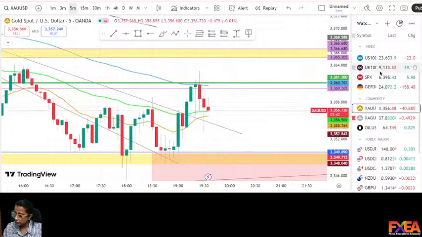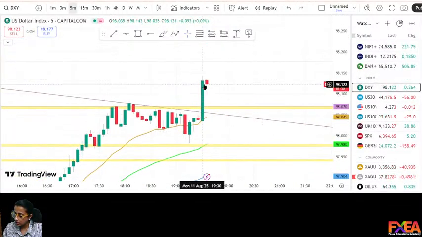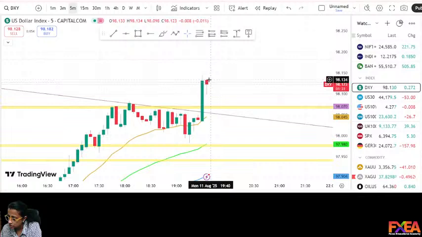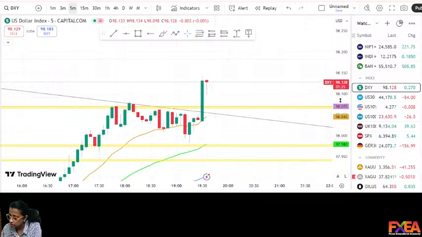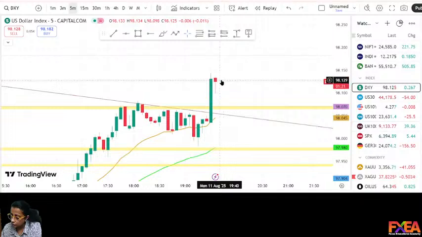Let me see what is happening with DXY. See, DXY has gone up and it is showing only bullishness with a slight pullback in the lower time frame, and it is again showing a shooting star kind of candle.